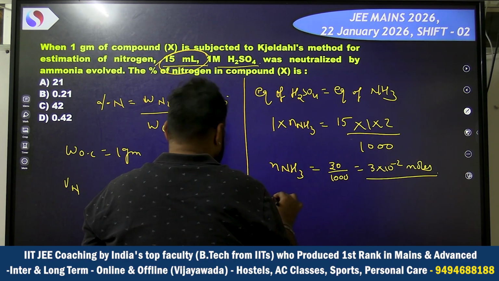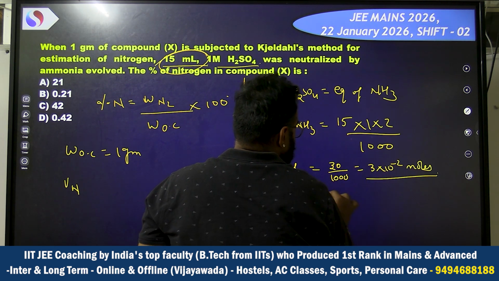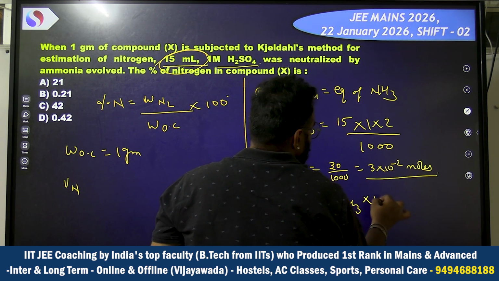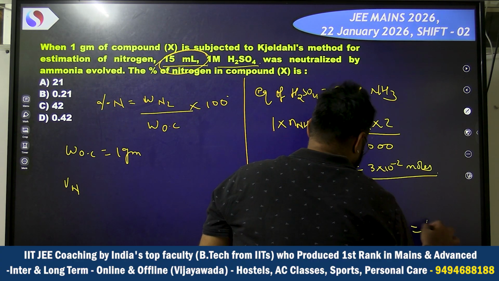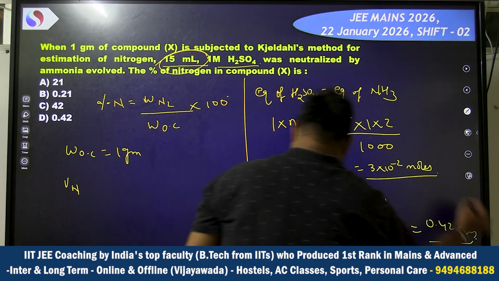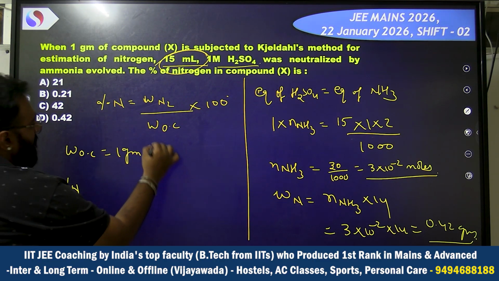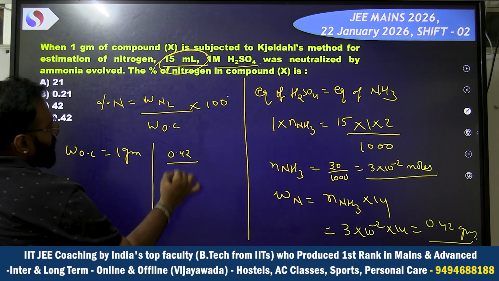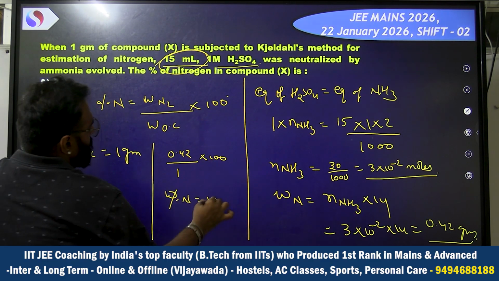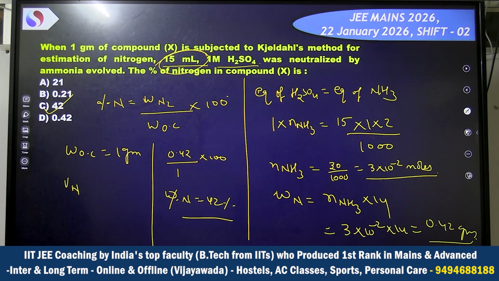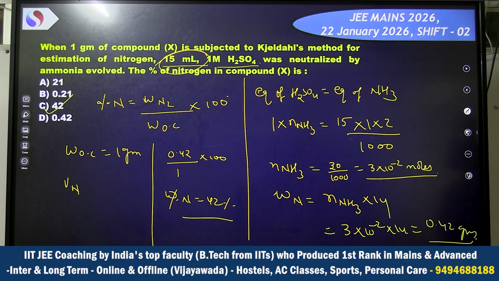Now the weight of nitrogen: multiply the number of moles of ammonia by the molar mass of nitrogen, 3 into 10 to the power minus 2 into 14. This is 0.42 grams. So keep everything in the formula: 0.42 by 1 into 100. So percentage nitrogen will be 42%. Option number C. Kjeldahl's method formula.